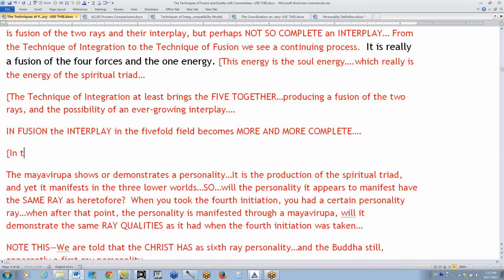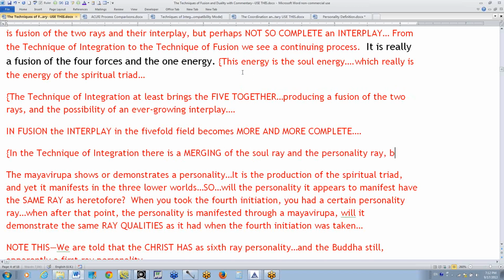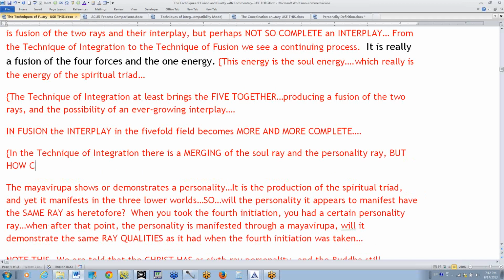Let's just say in the technique of integration there is a merging of the soul ray and the personality ray, but how complete can this merging become?